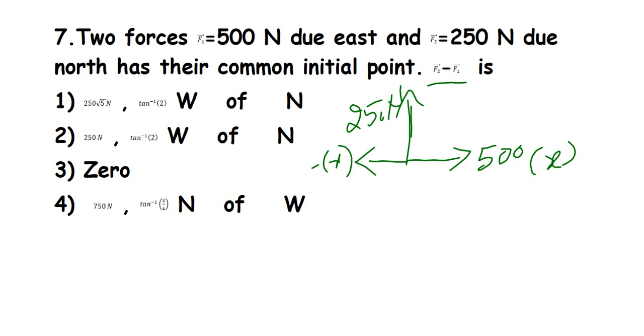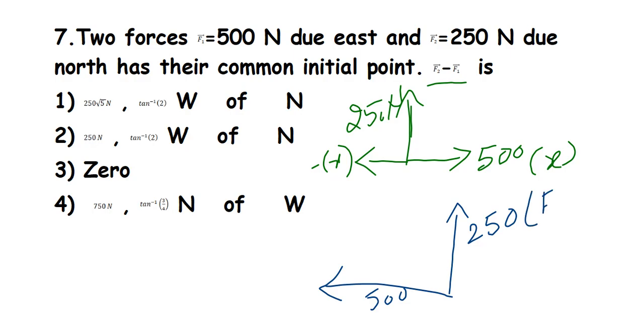250, this one is negative x-axis 500. So F2 minus F1, this is F2, this is F1. We have to do F2 minus F1. This is F2 minus F1.